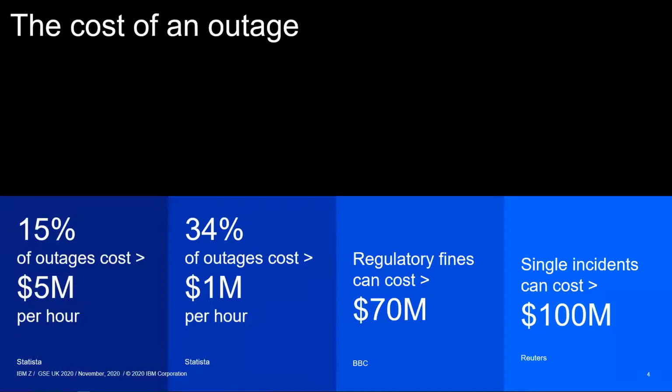We did have a financial customer that had an outage for a couple of weeks, where their customers couldn't access their financial records. On top of all of those other issues, they also faced government regulation fines that cost them around $70 million. So all of these costs add up, and that's why it's so important for us to keep our systems up and running.